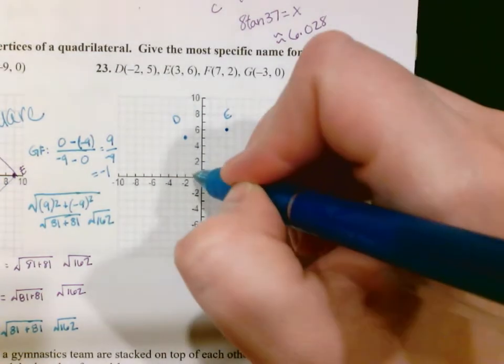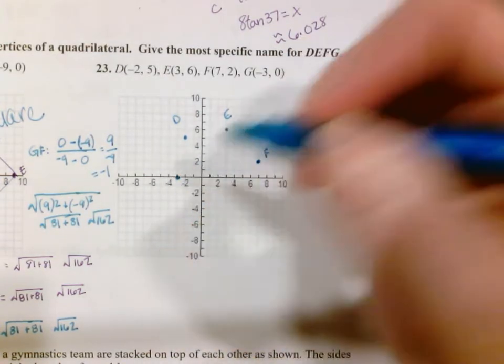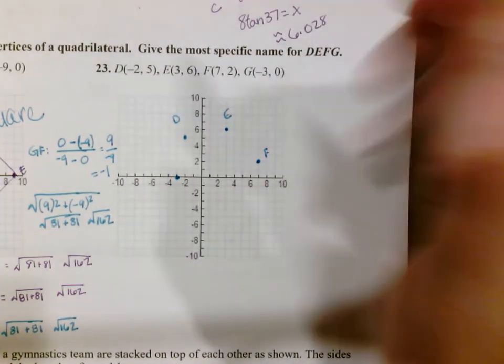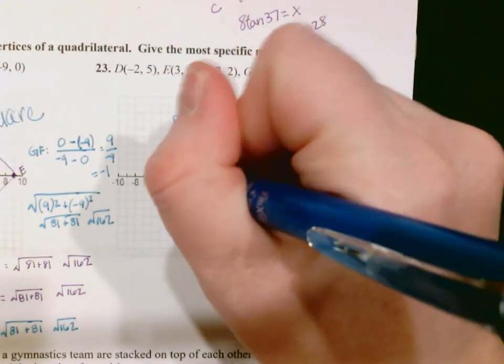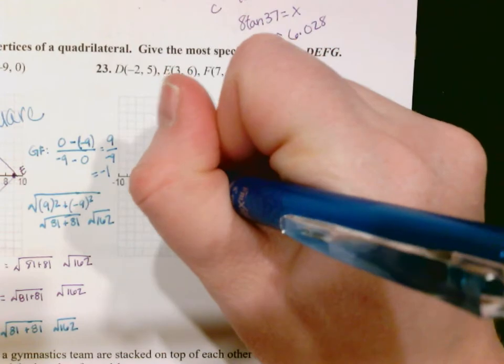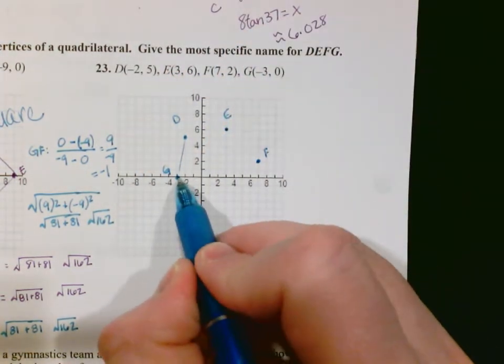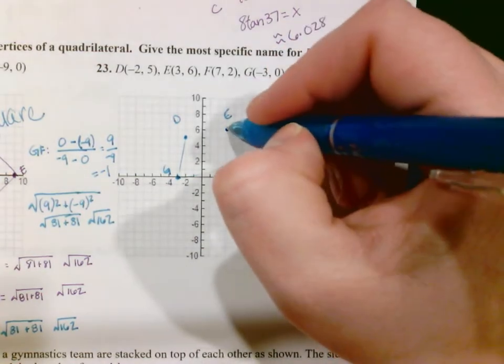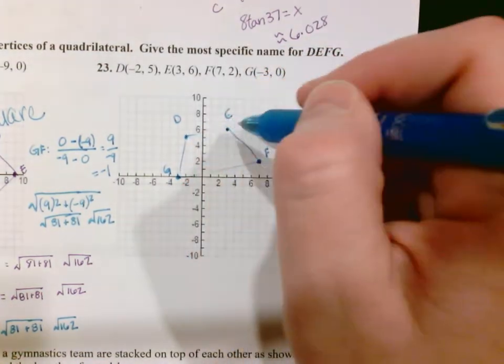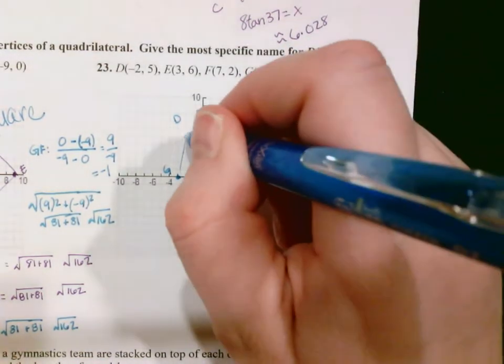And G's at -3, 0. So this looks like it could be a trapezoid if slopes are parallel, or it could just be a quad. Not too sure.